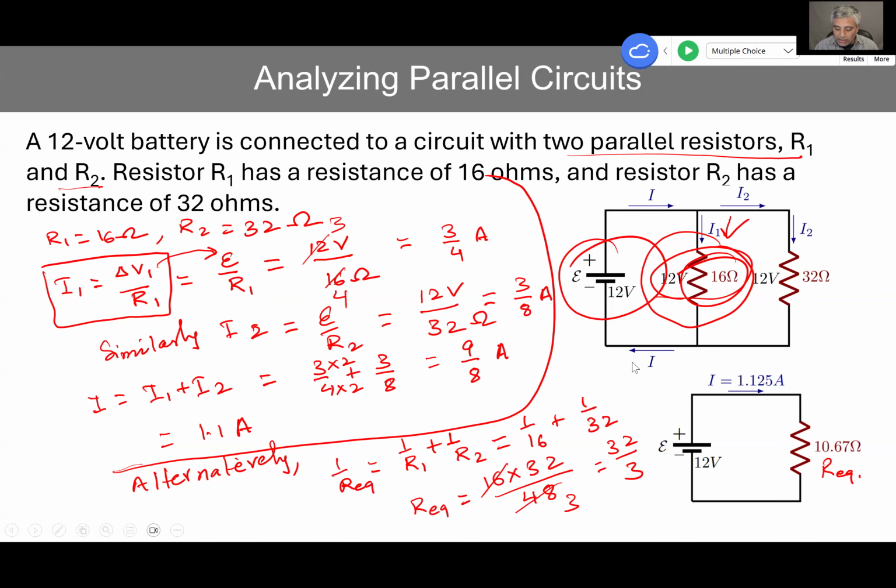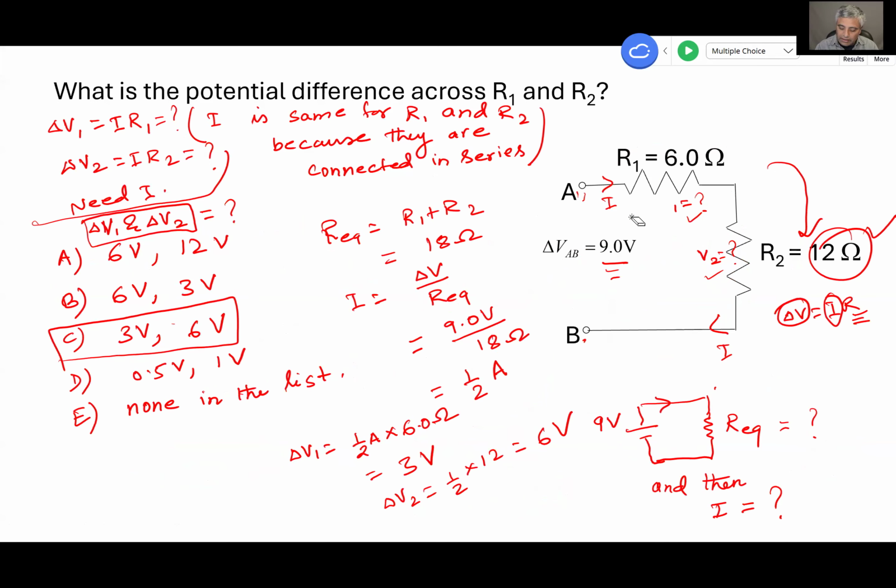But students tend to use that even when they are not in parallel. So for example, if I ask you to find the current through this here, and if you just write 9 volt, let's say I1 is delta V over, let's say R1, what's going to happen? 9 divided by 6. So this is incorrect.